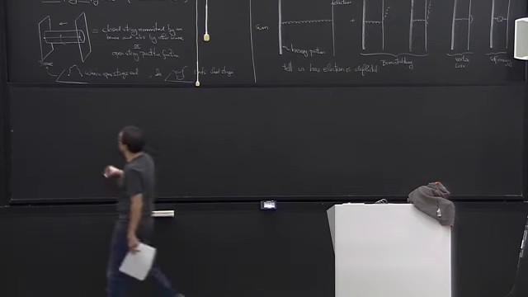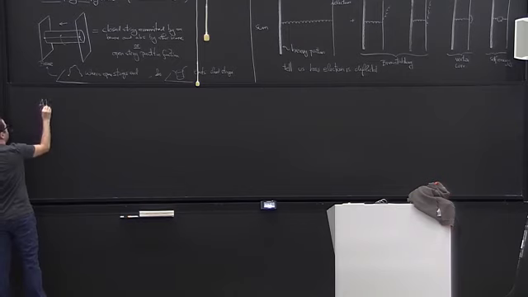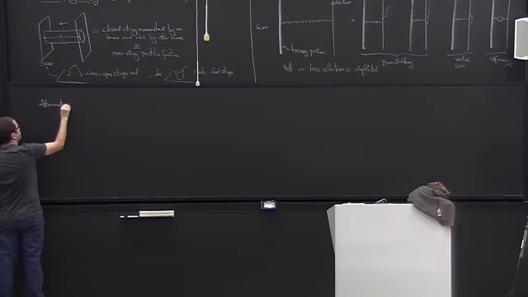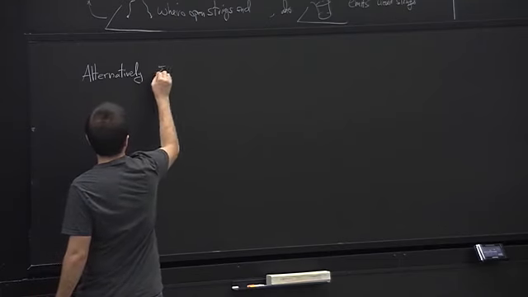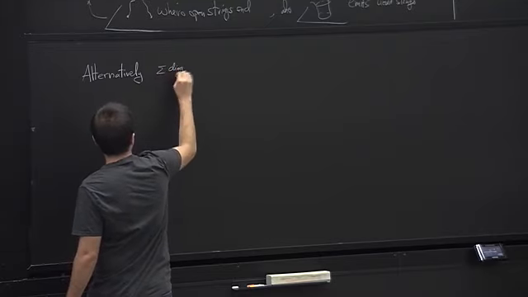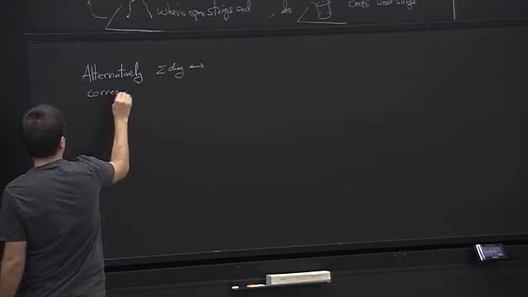But alternatively, another way of thinking: the effect of summing all these diagrams is equivalent to correcting the Coulomb potential.